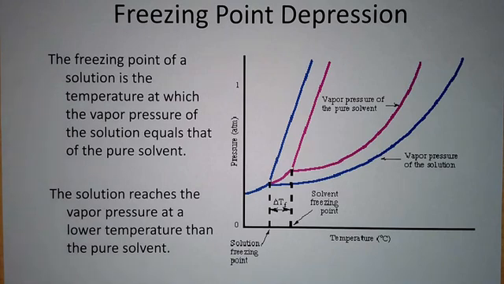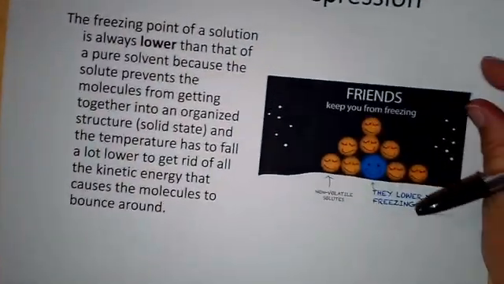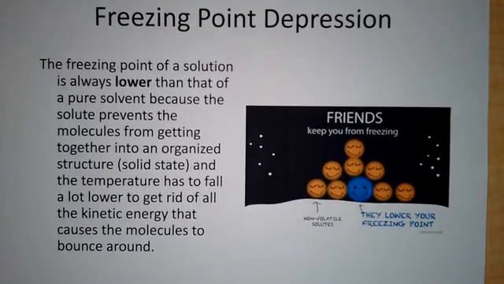If there are solute molecules in the way, this prevents the lattice formation as easily, and we have to remove even more energy in order to create that lattice. Alright, so our freezing point is always going to be lower in the solution compared to the solvent alone.